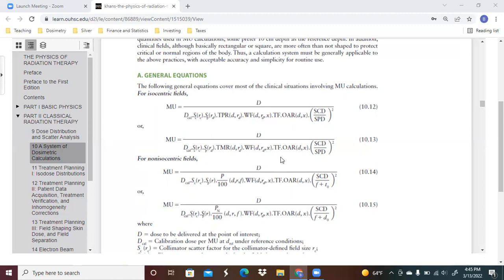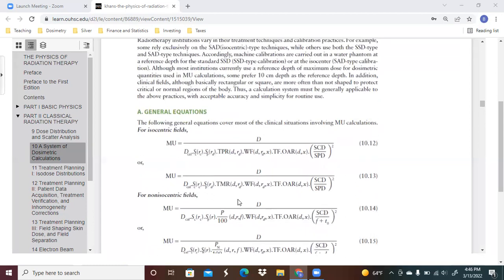And I don't see that present in any of these. So that is something that we will also need to bear in mind as we go through and make these calculations. I just want to make you aware of that.